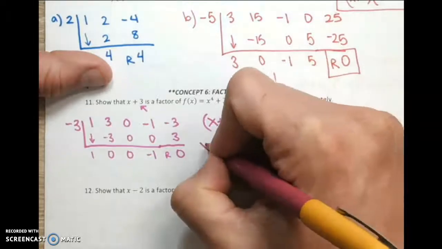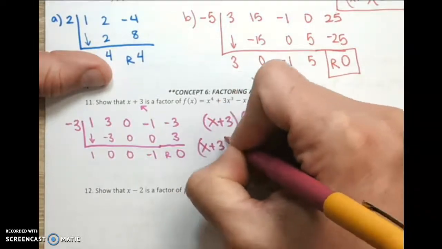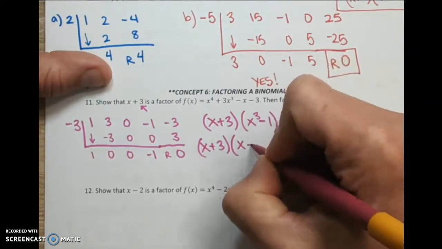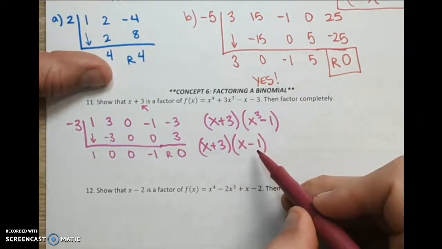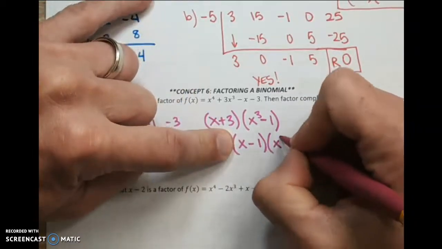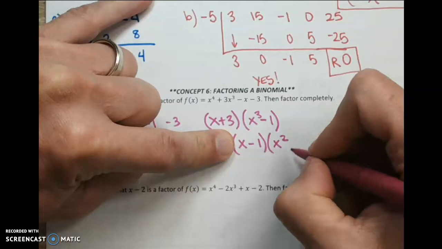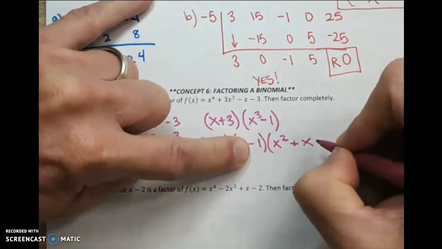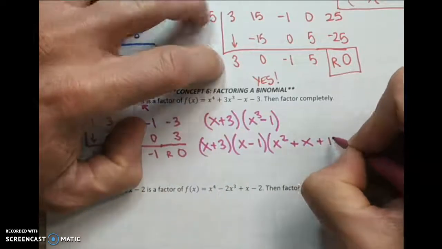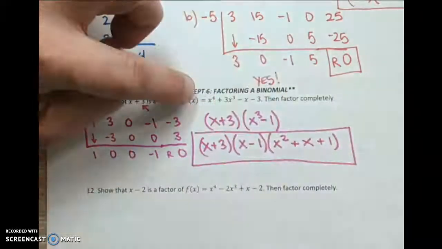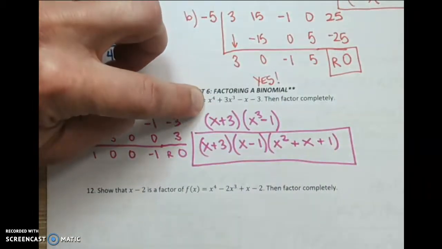So I'm going to factor that more. I take the cube root of x cubed, which is x, the cube root of 1, which is 1, and then I take this first term and square it, so I get x squared. Multiply them together, negative 1x, but then I change the sign, so I get positive x, and then take negative 1, square that, I get 1. Voila! Now I have factored this polynomial completely.